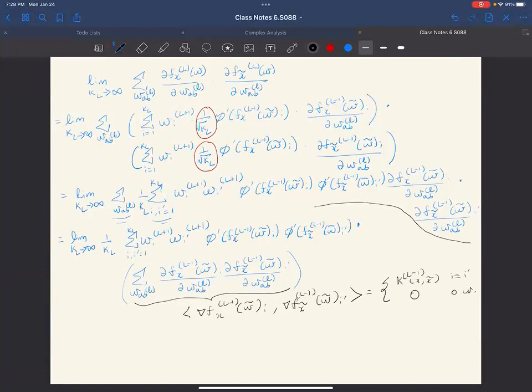And so that means that when we sum over all of these indices, i and i prime equals 1, we actually only want to consider the case where i equals i prime, because otherwise we get a 0 here, and the whole sum is neutralized.